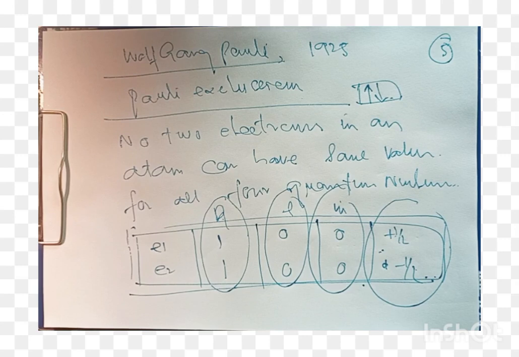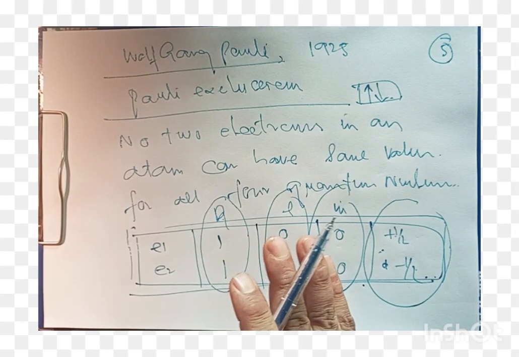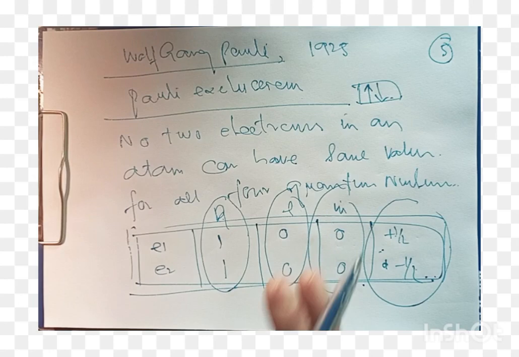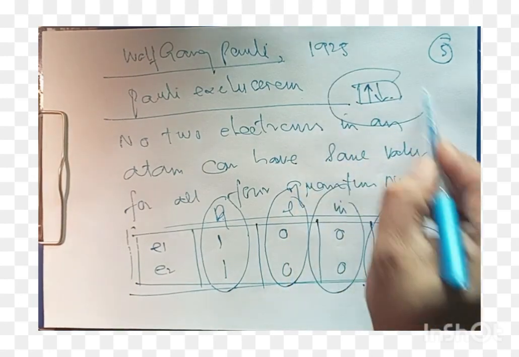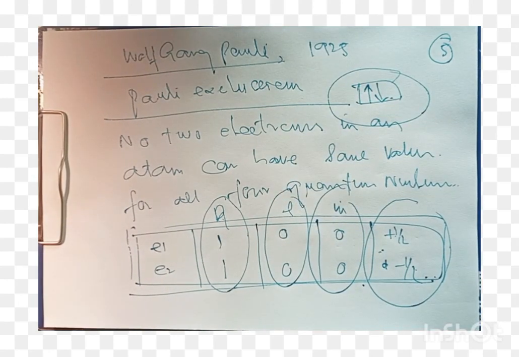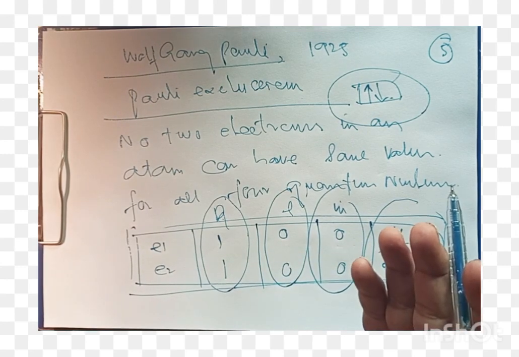This can be another statement of Pauli's exclusion principle. And this principle leads to many important conclusions, like an orbital cannot have more than two electrons. So there is a restriction for electrons to be in the orbital, right? And these electrons are basically fermions.